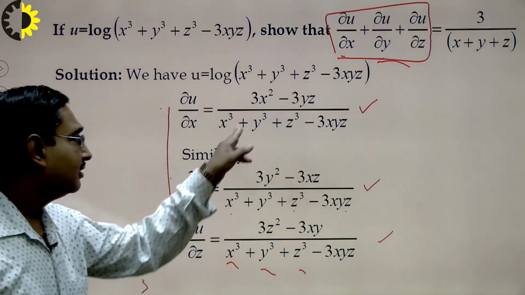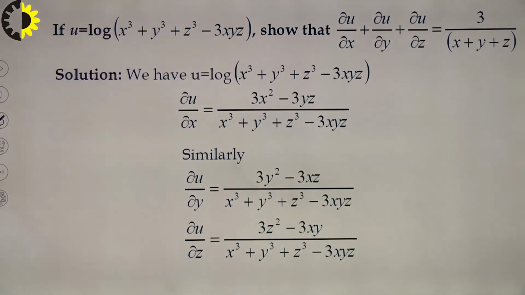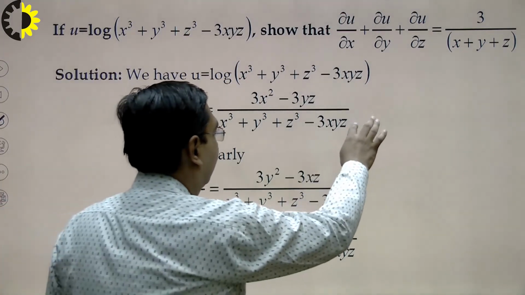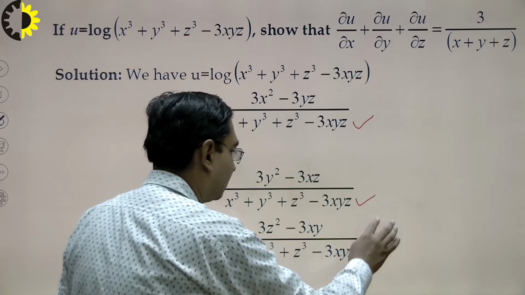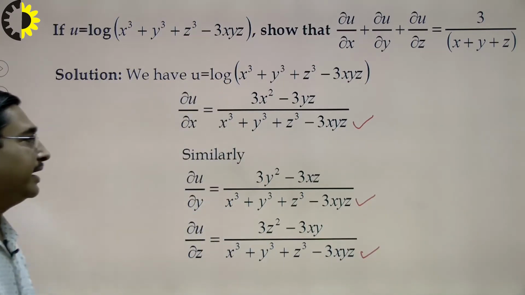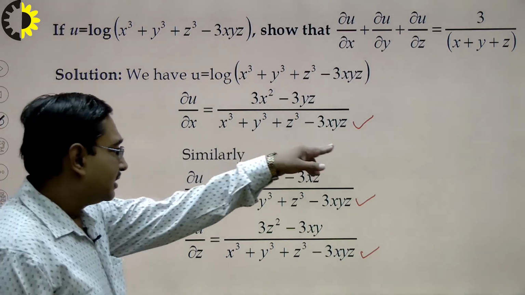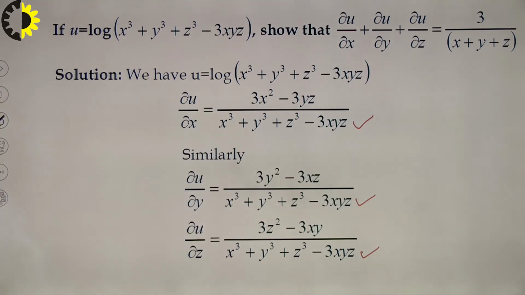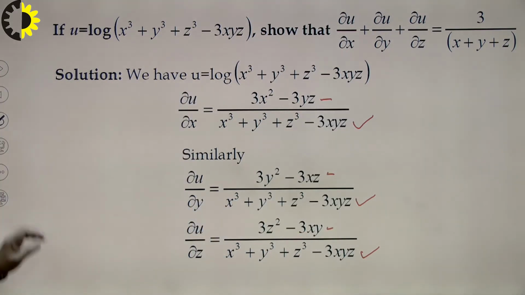When we add these three partial derivatives, the denominator x cube plus y cube plus z cube minus 3xyz is the same in all the terms. So this denominator will be common, or we can take the LCM, and the terms in the numerator will be added.